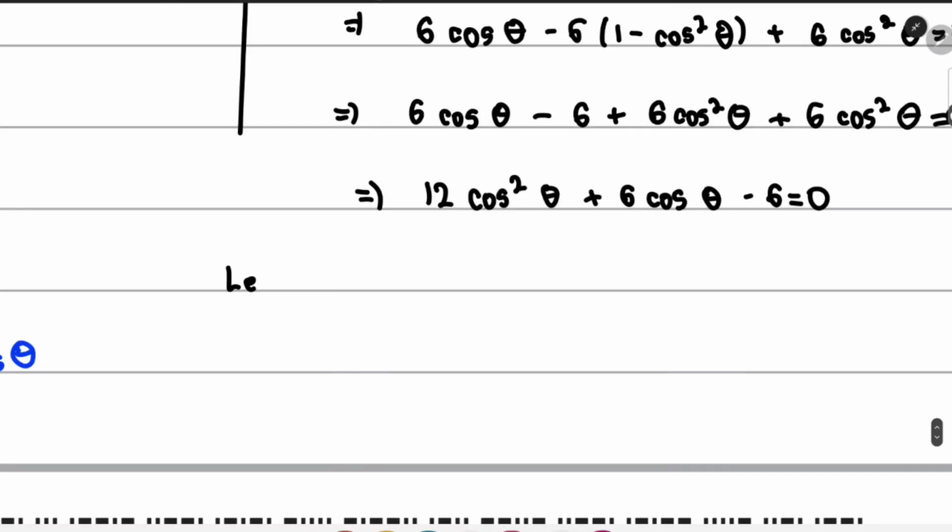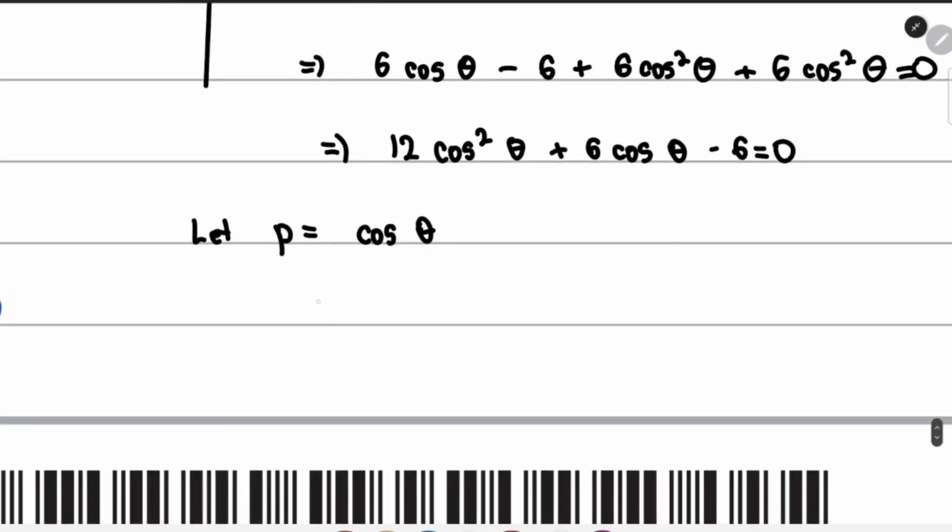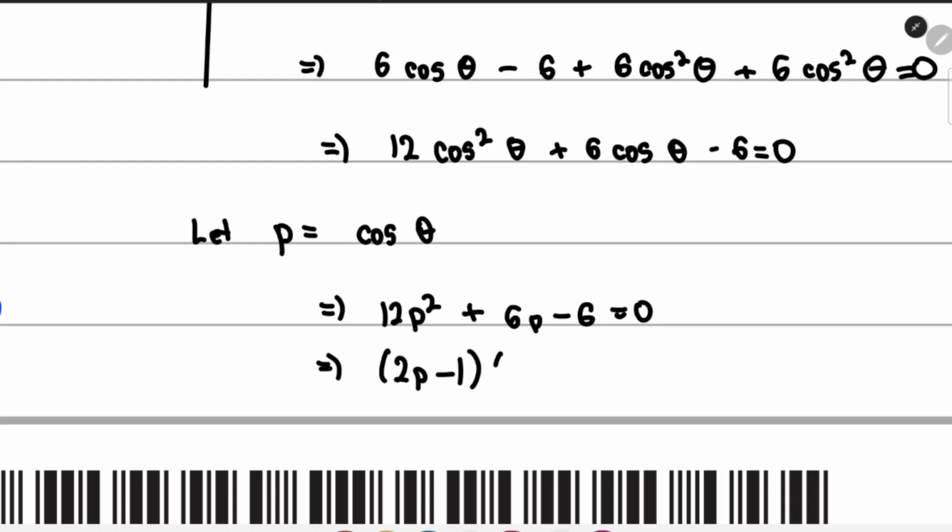So you can let y equal cos theta or something else. I'll let p be cos theta. So we get a quadratic: 12p squared plus 6p minus 6 is 0. If you solve this, you get (2p minus 1) times (p plus 1) equals 0, and the 6 here.